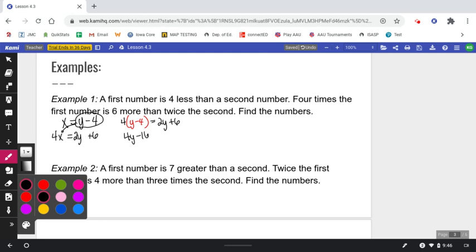So 4y minus 16 equals 2y plus 6. 2y minus 16 equals 6. 2y equals 22, and y equals 11. Take that and sub it back into the first equation. So x equals 11 minus 4. So x is 7. So my two answers are 7 and 11.